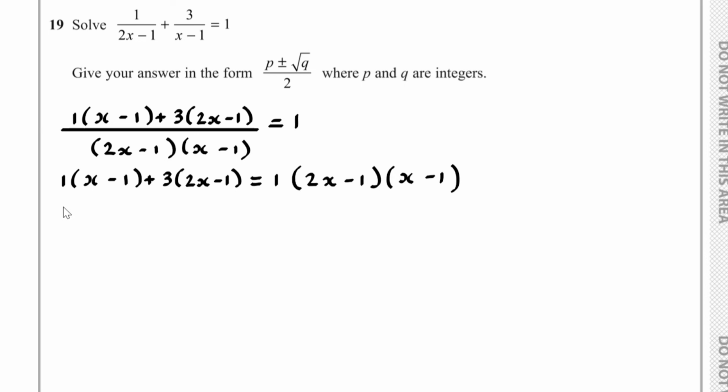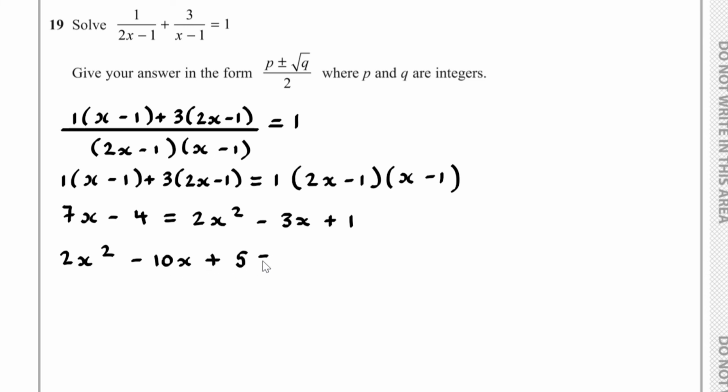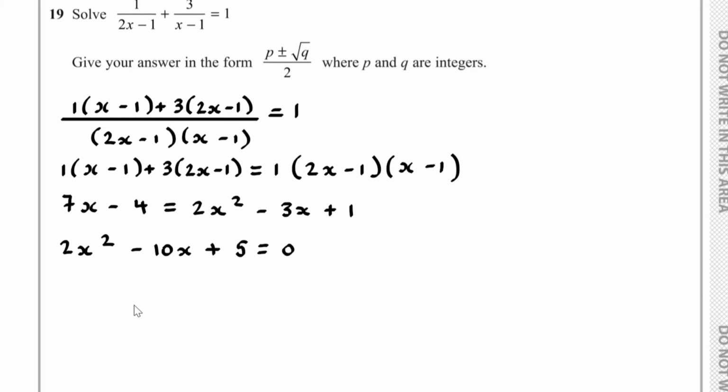So that will be 7x minus 4. And on the right hand side, 2x minus 1 times x minus 1. That's 2x squared minus 3x plus 1. And recognizing I've got a quadratic, I can take everything over to one side. So I've got 2x squared minus 10x plus 5 equals 0.